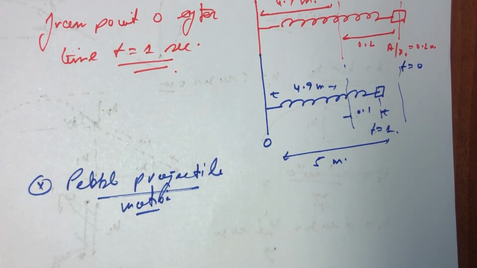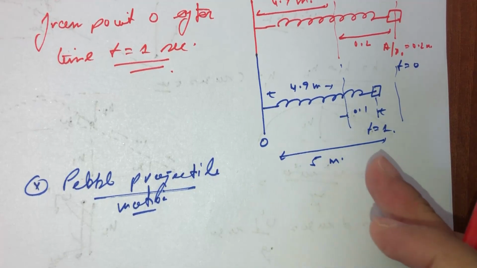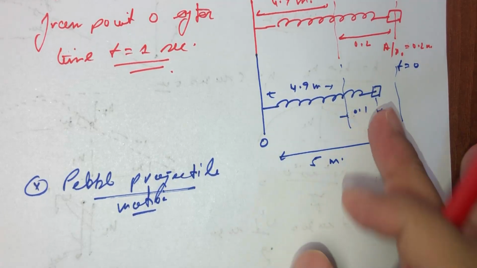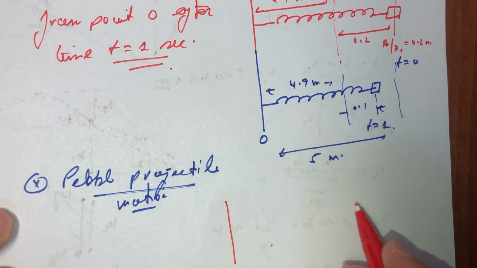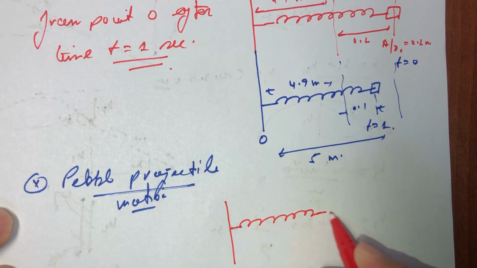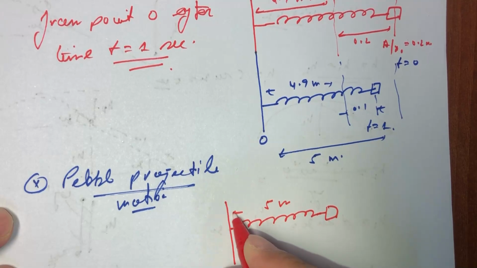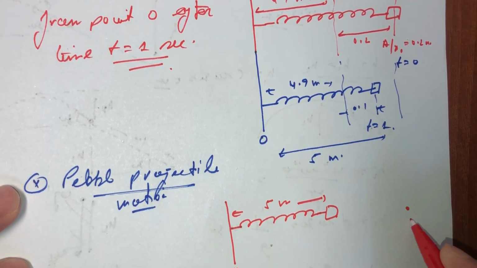So it is given that after t is equal to 1 second, the pebble is going to hit this block. So this will be the position of the block, at a distance of 5 meters from point O, and this is a pebble.